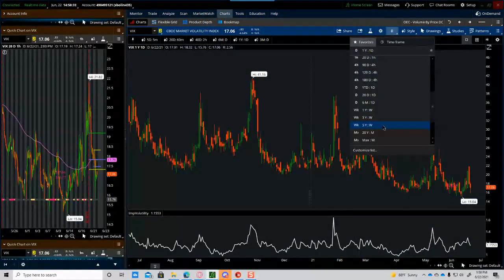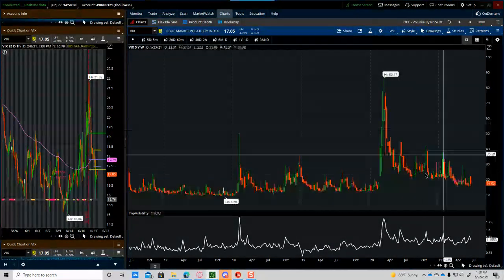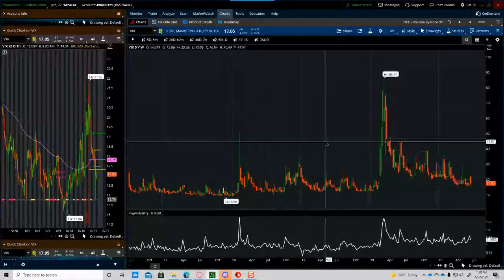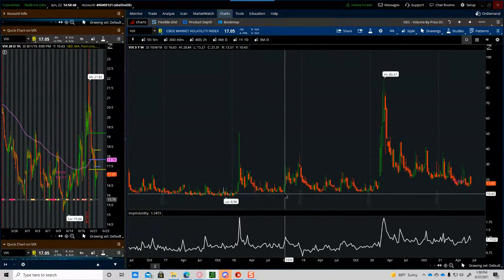If we were to take something like the 5-year weekly, notice how it always comes back to the ground. It always comes back to the floor. That's mean reversion. No matter how violent, no matter how volatile, eventually it always comes back down to the ground. In its most basic form, it's mean reversion.